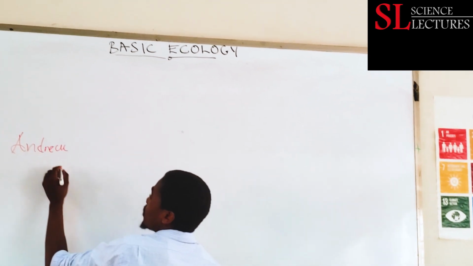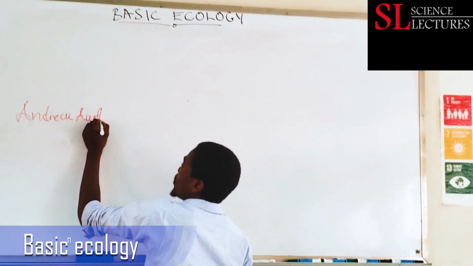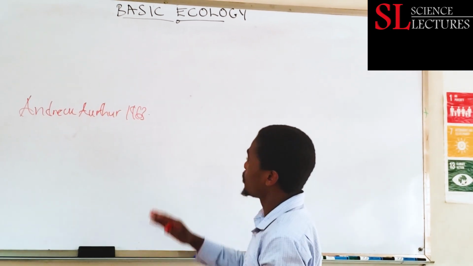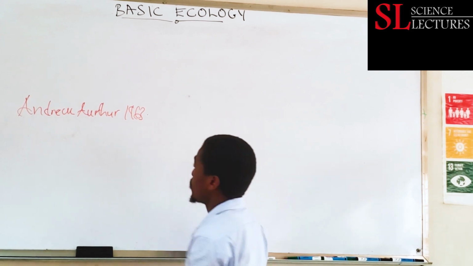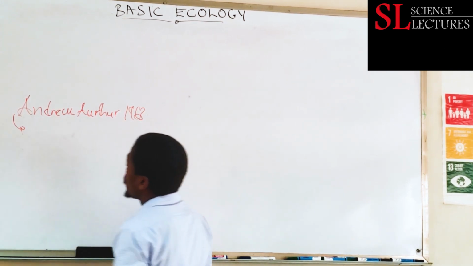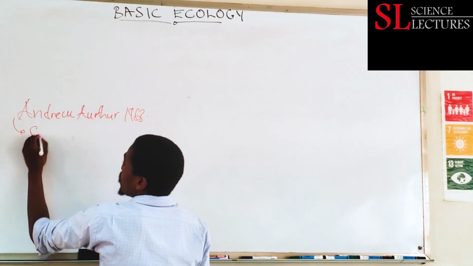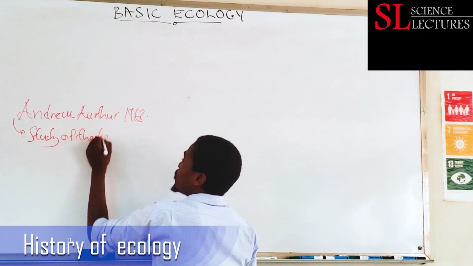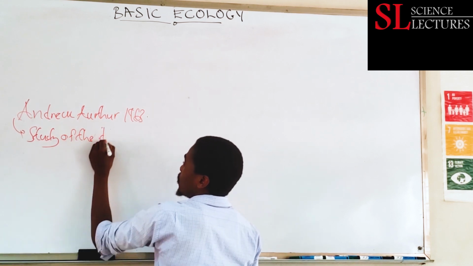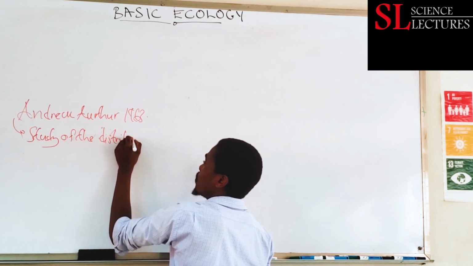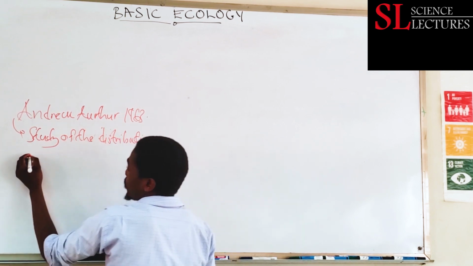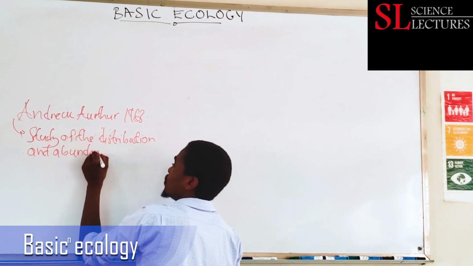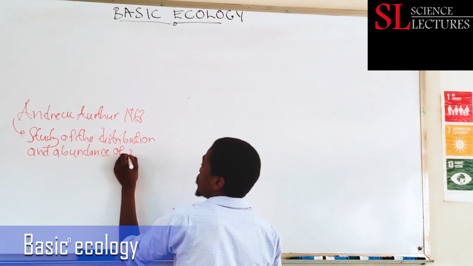And this guy, Andrew Arthur, defined ecology in the year 1963. He had a very simple definition of what ecology is. He was simply saying ecology is the scientific study of the distribution and abundance of organisms.